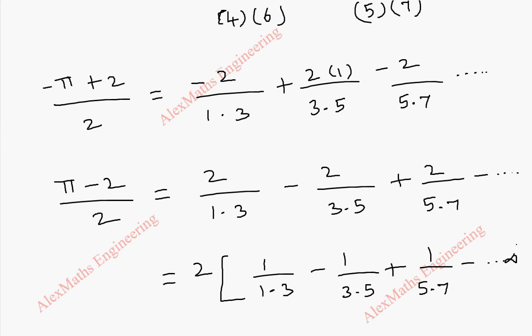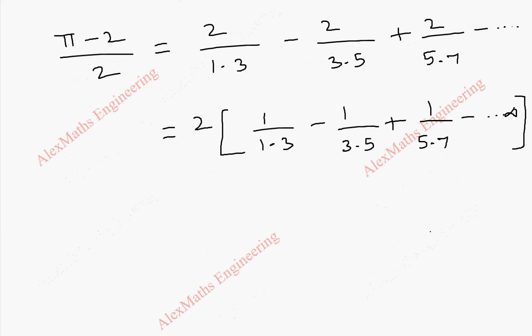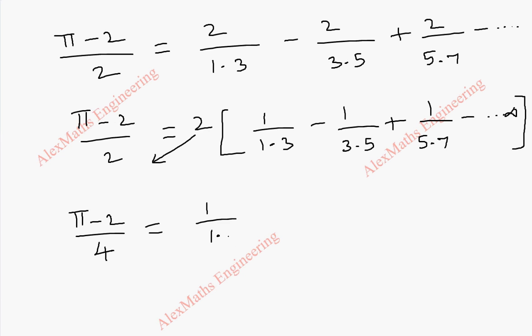It keeps going till infinity. And this 2 which is taken here will be multiplied to the denominator. So pi minus 2 by 4 will be 1 by 1 into 3 minus 1 by 3 into 5 plus 1 by 5 into 7 minus dot dot dot till infinity.